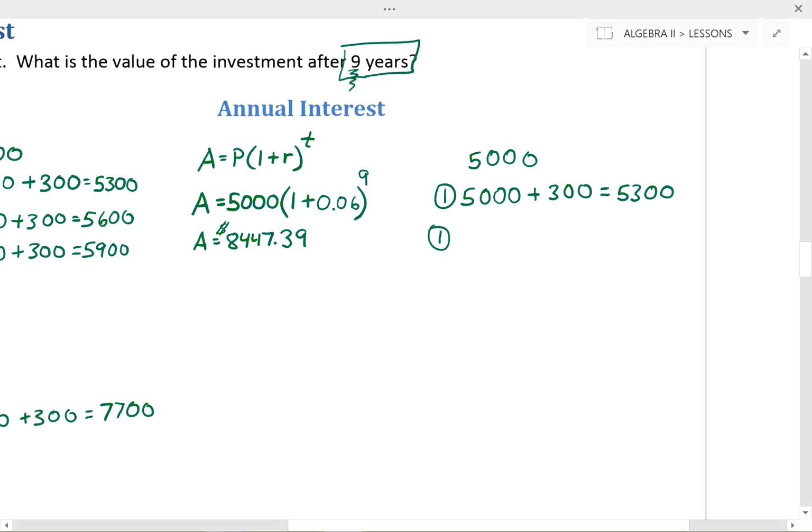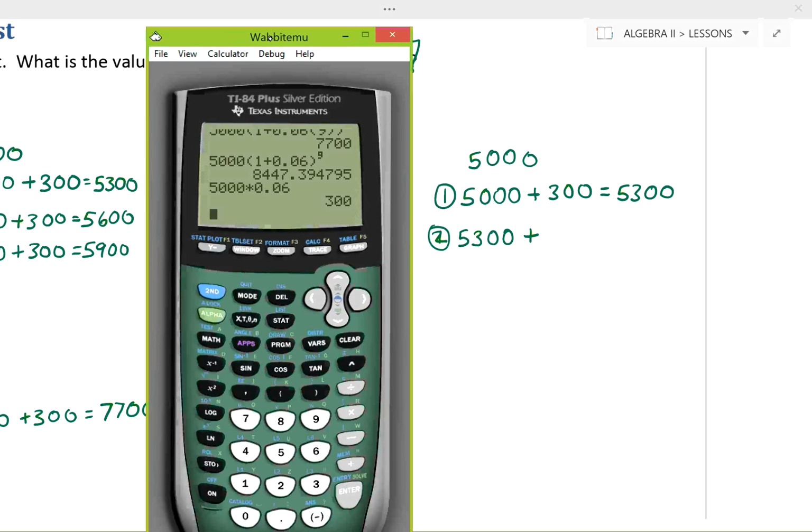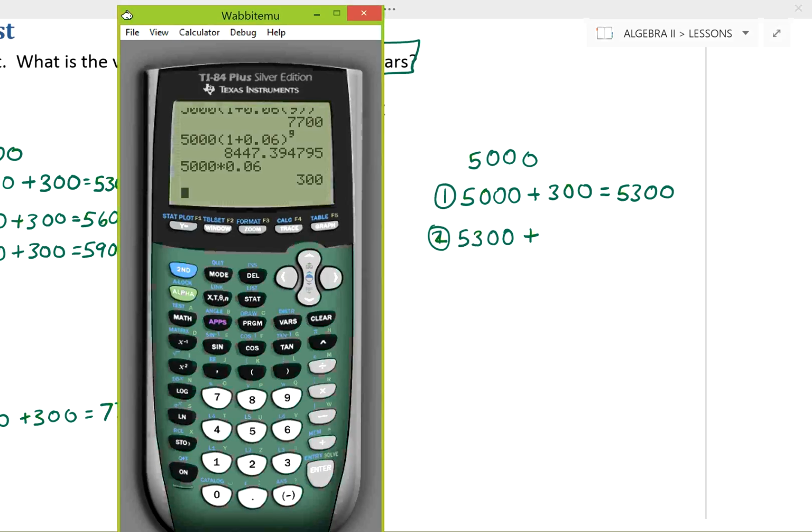Here's the key difference, though. In year 2 now, at the end of 2 years, I've got my $5,300 plus I'm not earning interest off of my original $5,000 anymore. I'm earning interest off of my new value of $5,300.